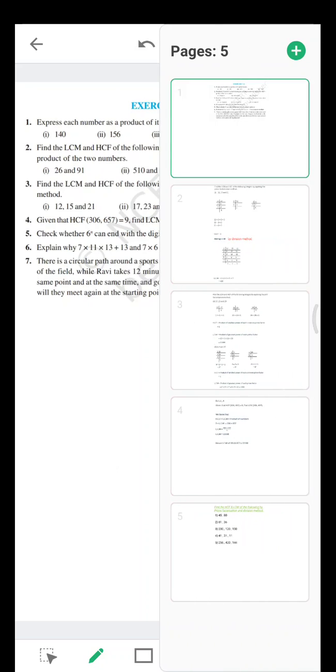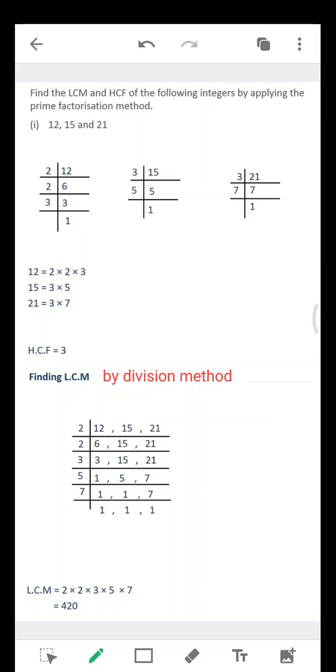So let's go back to this method which you learned in your lower classes. We'll find the prime factors of each of the numbers 12, 15 and 21 separately. 2 sixes are 12, then 2 threes are 6, 3 ones are 3. So we'll write the factors of 12 as 2 into 2 into 3.